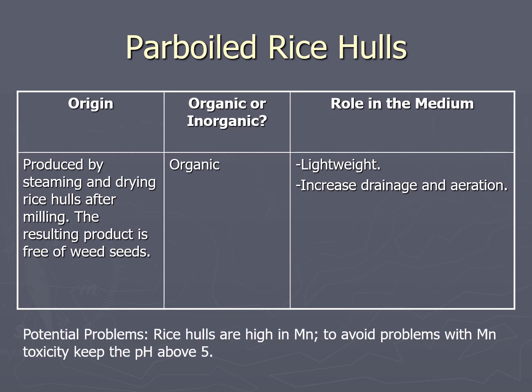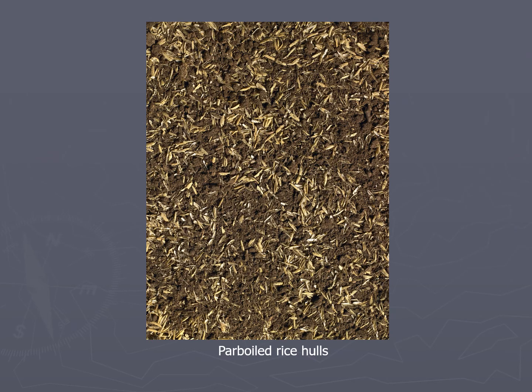A potential problem with rice hulls is that they are high in an element called manganese, and to avoid problems with manganese toxicity, it's important to keep the medium pH above 5. All right, so you're looking at a picture of parboiled rice hulls.